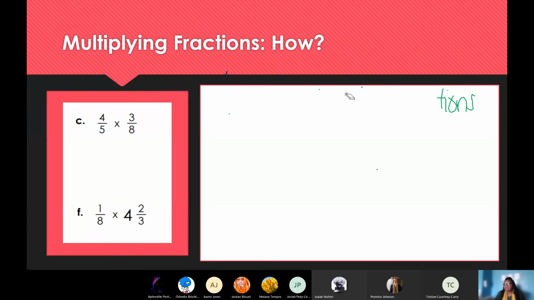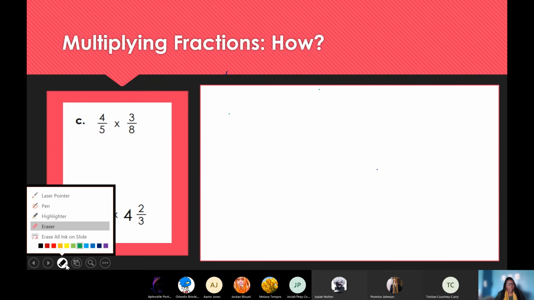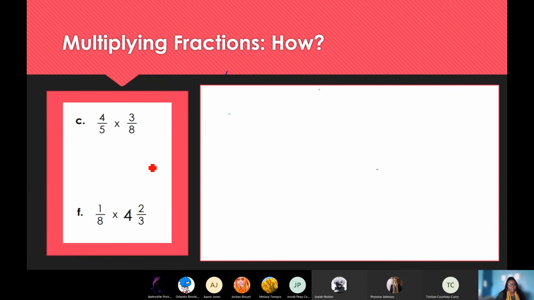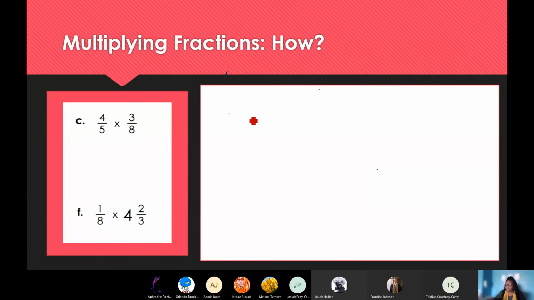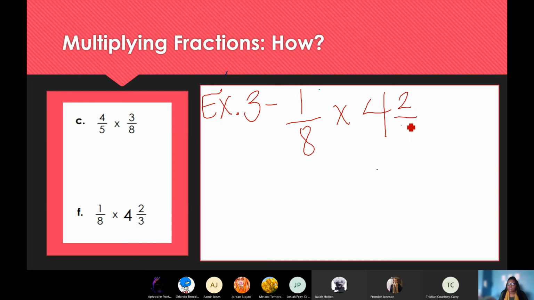If you would like to go ahead of Miss Neville and start solving, you definitely may. Or you can wait for me if this is still really new to you. You don't remember this stuff from 4th and 5th grade. That's quite all right. So example 3, we're going to be multiplying a fraction by a mixed number. Example 3 is 1/8 times 4 2/3.